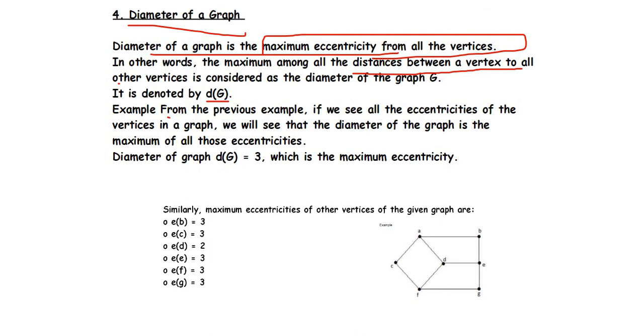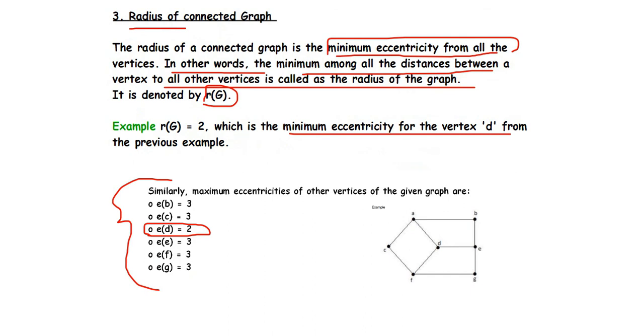So for example, from the previous example, if we see all the eccentricities of the vertices, the maximum of those eccentricities is the diameter, which is 3, d of g equals 3. 3 is the maximum eccentricity, which means B, C, F, G can also have the maximum eccentricity. Similarly, to find the diameter of the graph, we take the maximum, but to take the radius, we take the minimum.